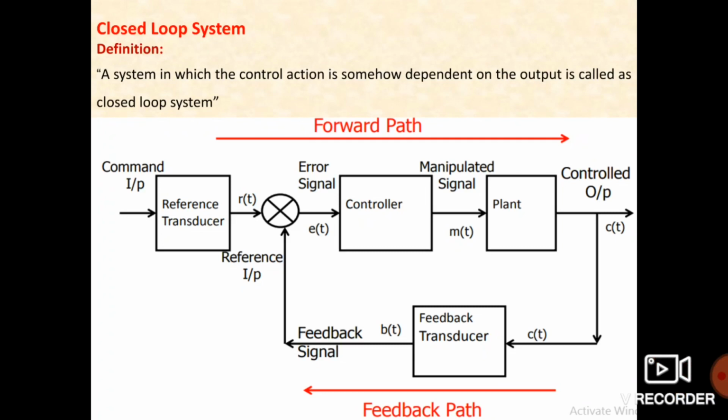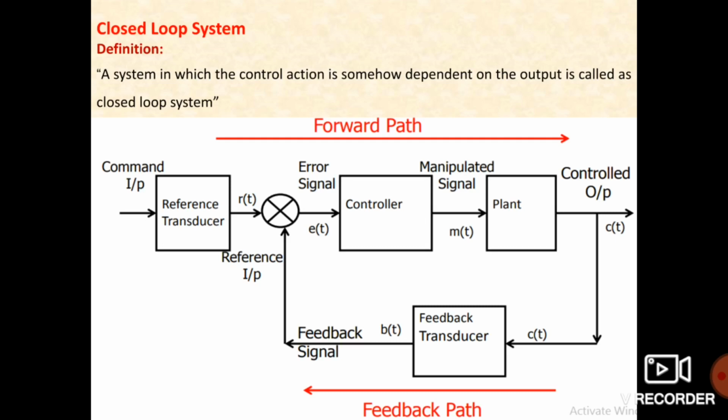If you see the block diagram of this closed loop control system, we have a command input that is given to the reference transducer, and it is given to the controller and plant section. These two sections, controller and plant, were the only sections available in an open loop control system.